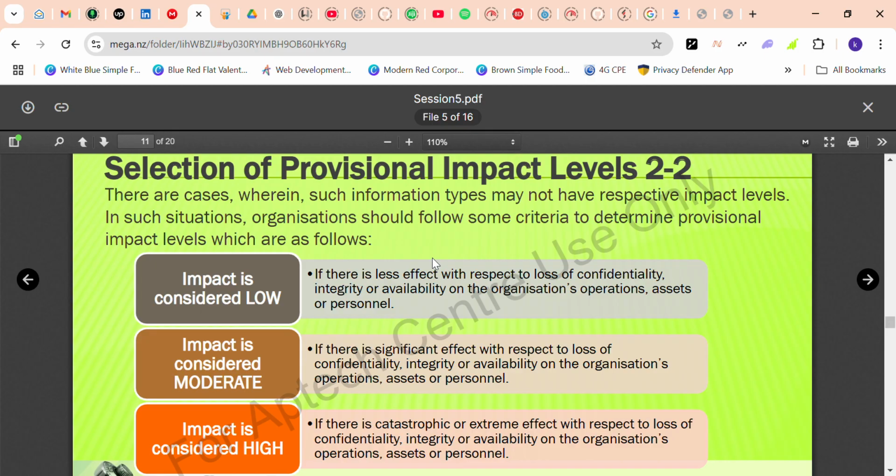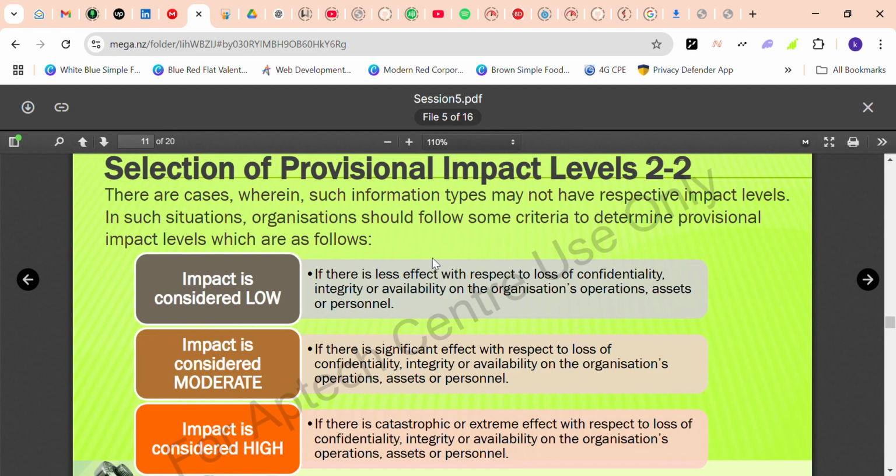Now when the impact is considered high, problem dey for here o. There must be catastrophe when my money leaves the account without me transferring it. When your money leaves your account without your presence, without your knowledge, problem go dey.